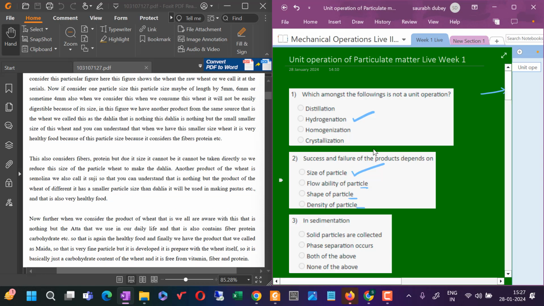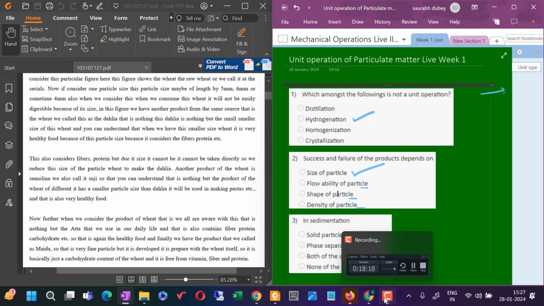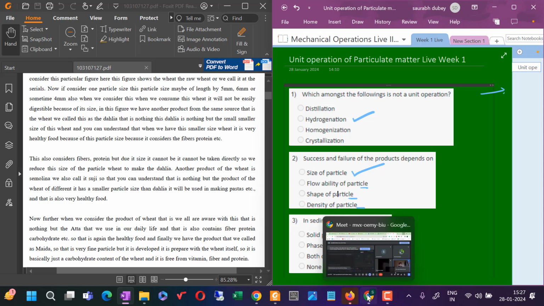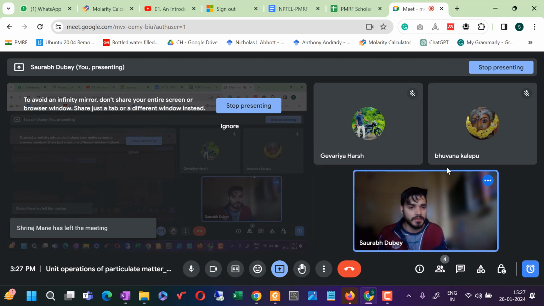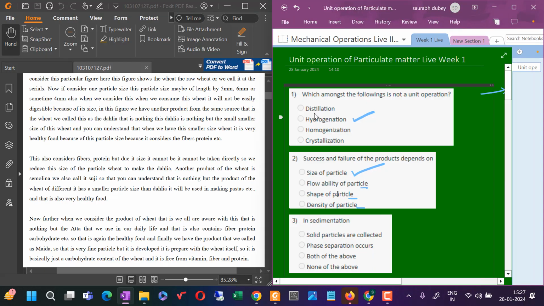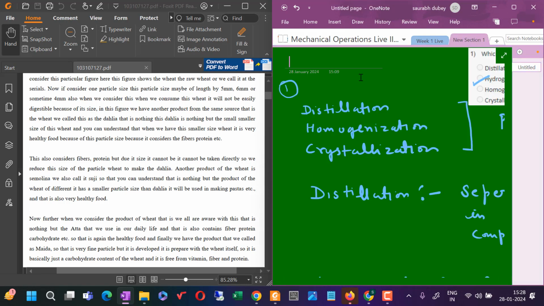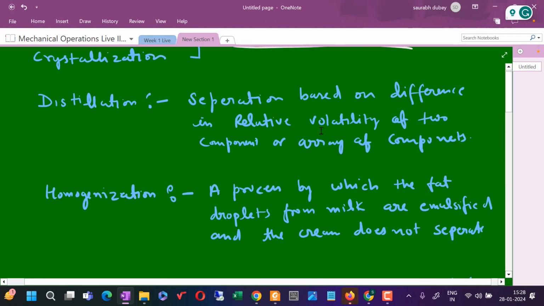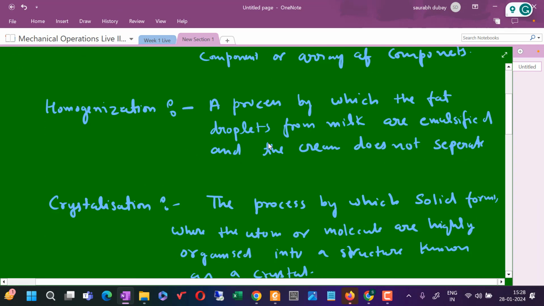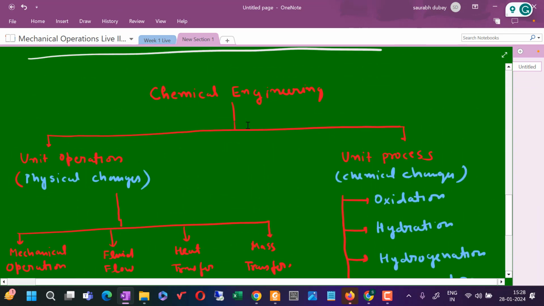And for the new joinees who came here, the first problem was, which among the following is not a unit operation, that I explained thoroughly. In chemical engineering you come to read about two basic things, unit operation and unit process.